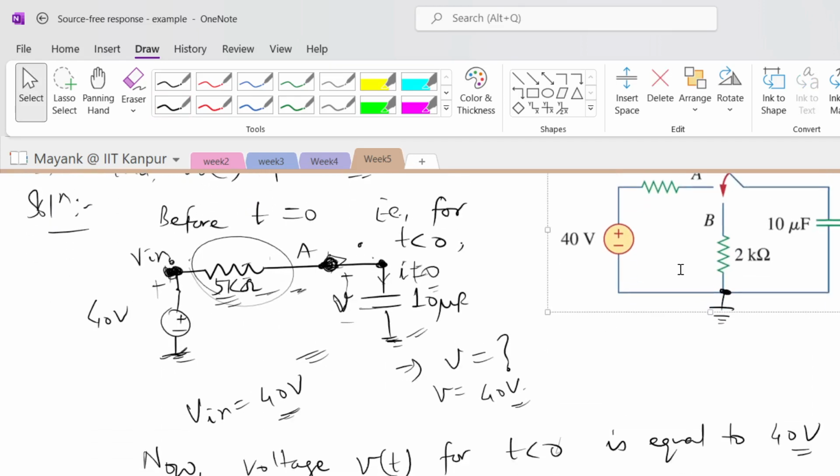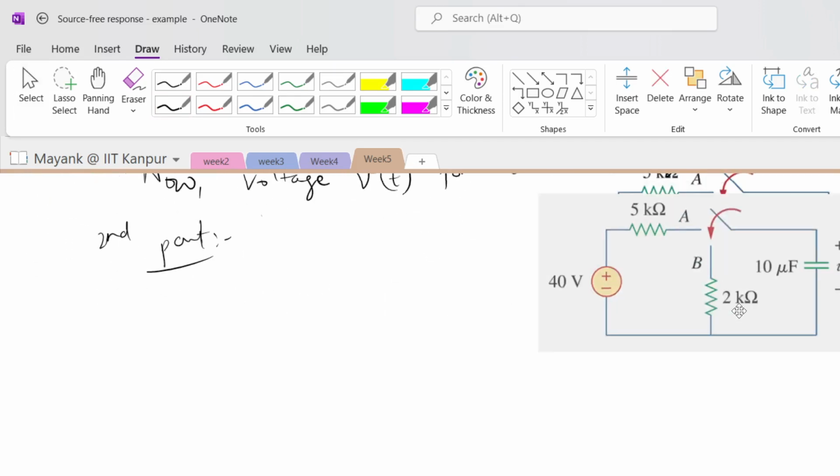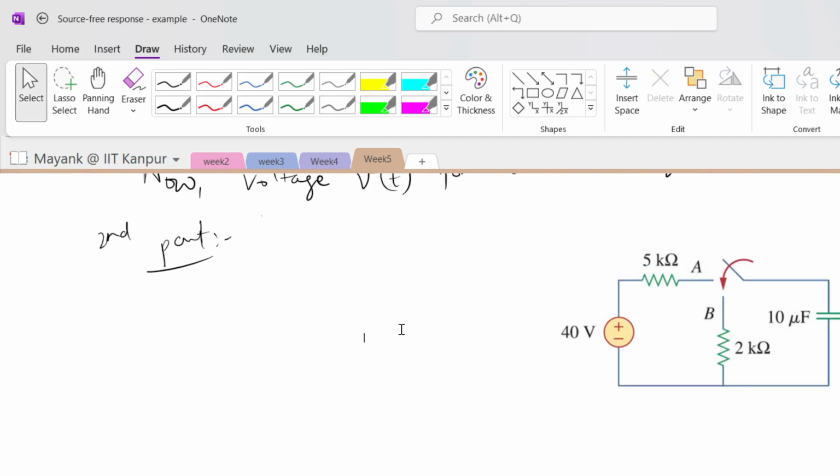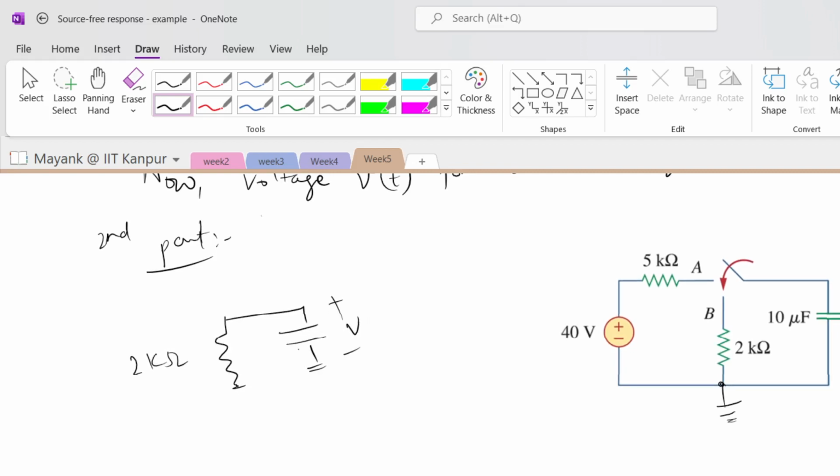Now in the second part, let me bring down this particular part so that it is easier to track. By the way, this is my reference. Now for my second part, my circuit becomes like this. This is a 2 kilo ohm resistance, and this is a capacitor here. This is the voltage V, and the capacitor is 10 microfarad.